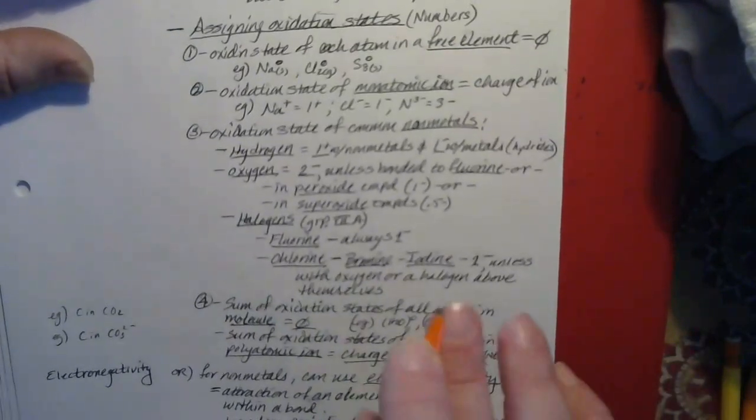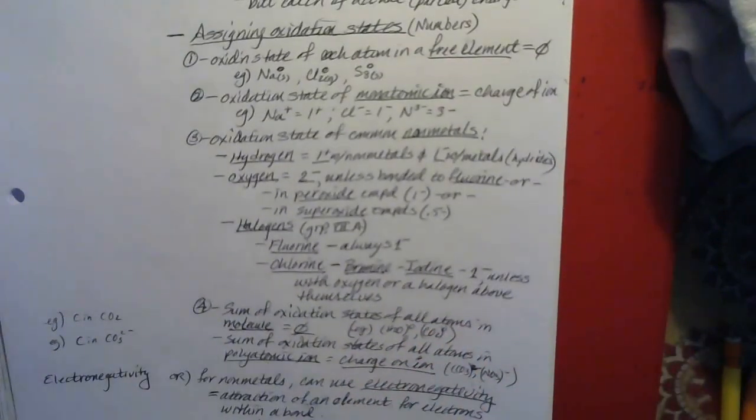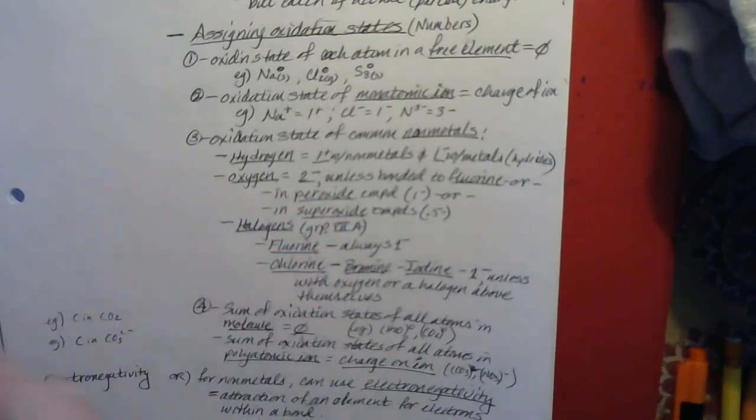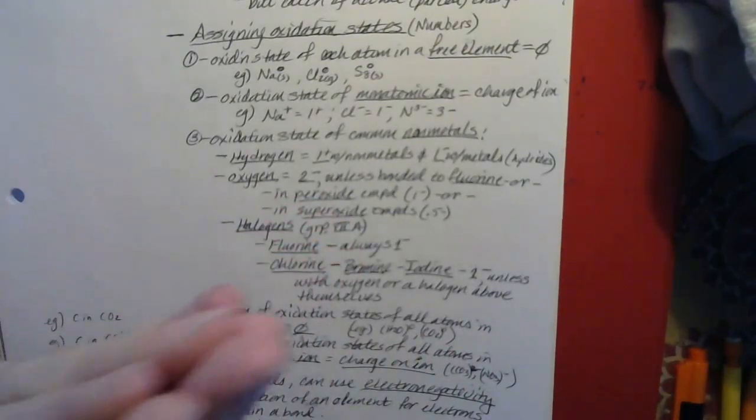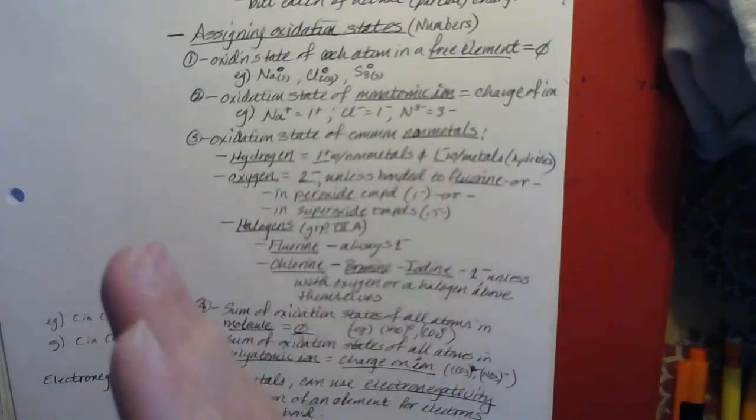So when assigning oxidation states to the atoms in a compound, normally what we want to know is the oxidation state of each atom of each element in a compound or polyatomic ion. And we want to know the charge or the oxidation state of each atom of each element so that we can compare on an equal basis from reactants to products.